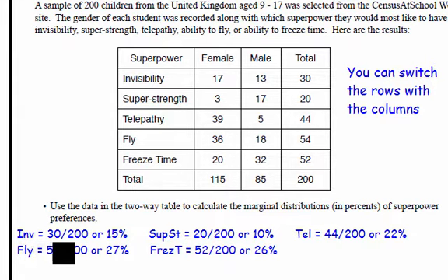So invisibility would be 30 over 200, which is 15%. Super strength, 20 over 200, which is 10%. And telepathy, 44 over 200, which is 22%. Flying would be 54 over 200, which is 27%. And freeze time is 52 over 200, which is 26%.